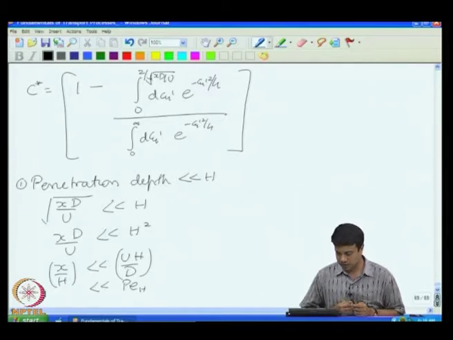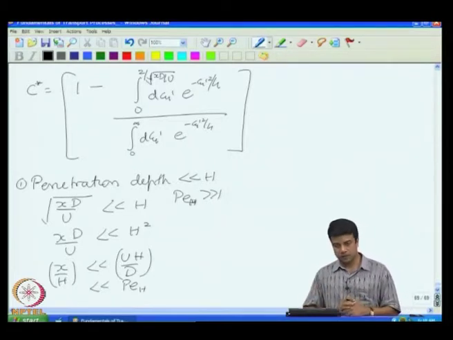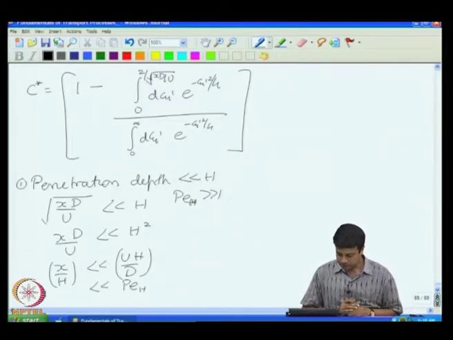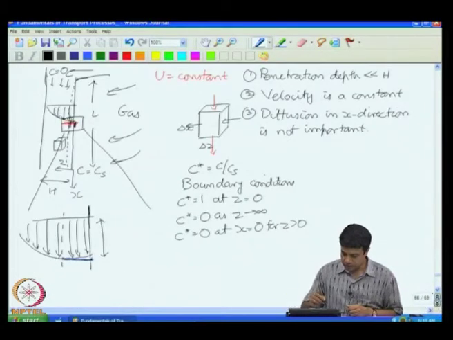In other words, u is large enough such that u h by d is large. So, an implicit requirement here is that Pe h has to be large compared to 1 for this solution to be valid. If Pe h is large compared to 1, the downstream distance x up to which the solution would be valid is x by h small compared to the Peclet number.